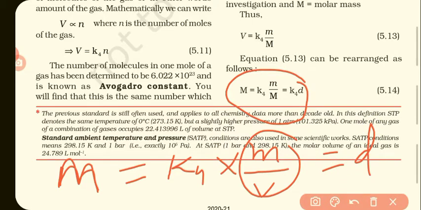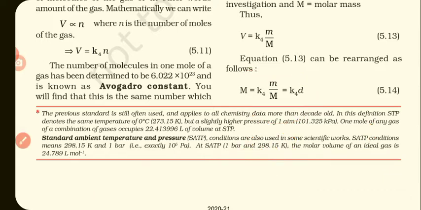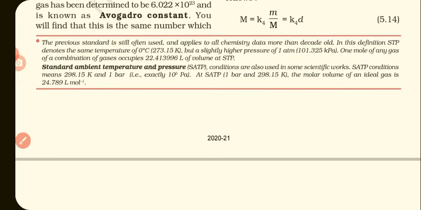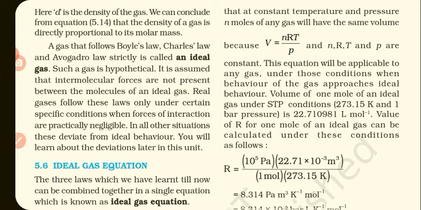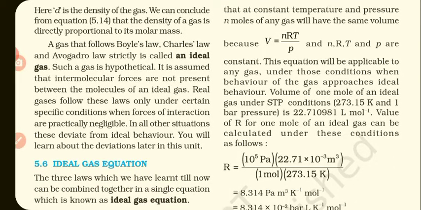So in this way we'll get equation 5.14. Here d is the density of gas, which is equal to mass upon volume.